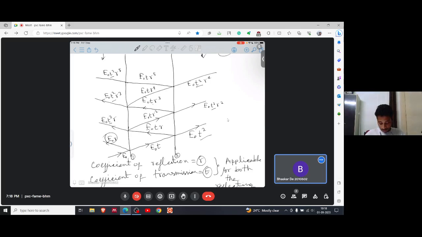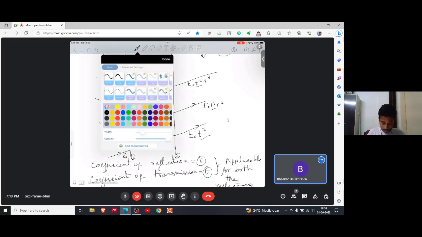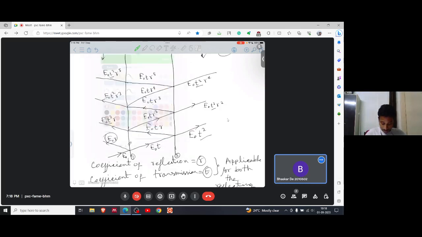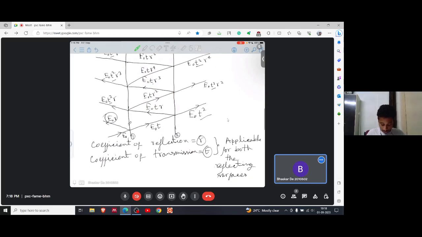So if it is coming from this surface, then it is E naught R. If it is coming from another reflection from the second surface and then a transmission from the first surface, then it has one more.